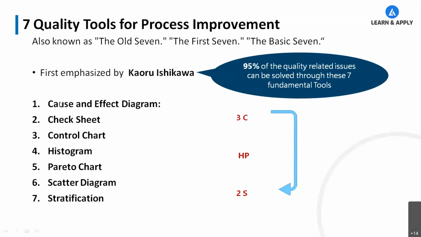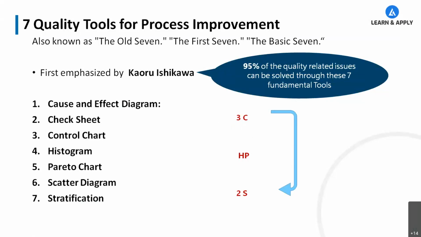From 3C: cause and effect, check sheet, and control chart, to 2S: scatter diagram and stratification, and through HP: histogram and Pareto chart. So remember 3C, 2S, through HP. This is a small mantra to remember all these 7 quality tools.